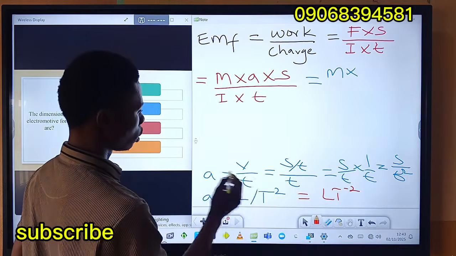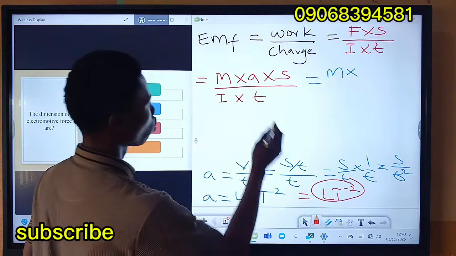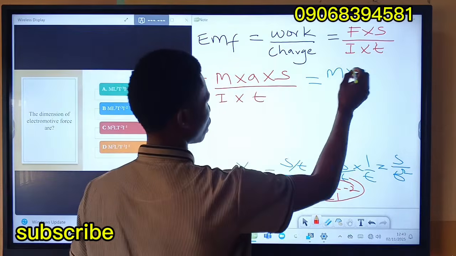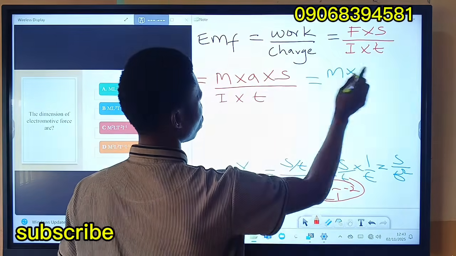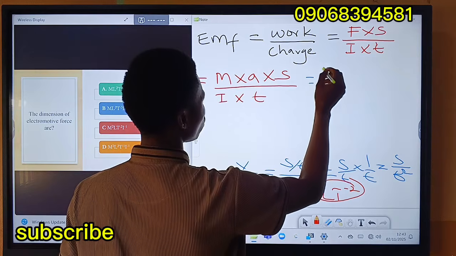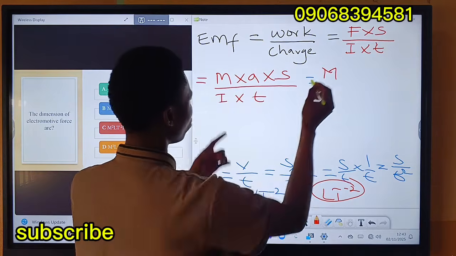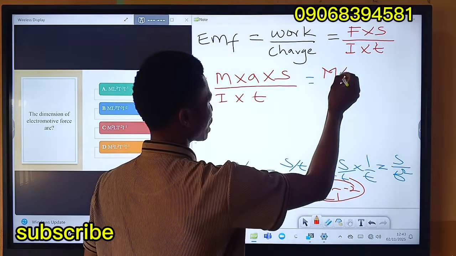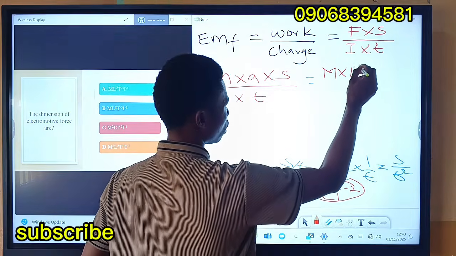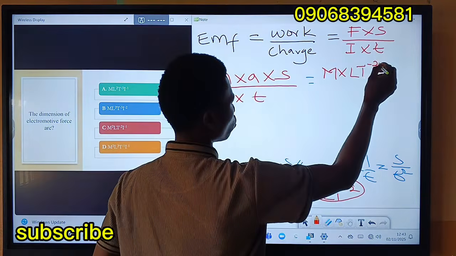Everything we solved here was just for acceleration. So I'm bringing acceleration in now as, let me make this capital letter since it's dimension we are talking about, capital letter M, then times our acceleration. We've solved acceleration as LT raised to the power minus 2.